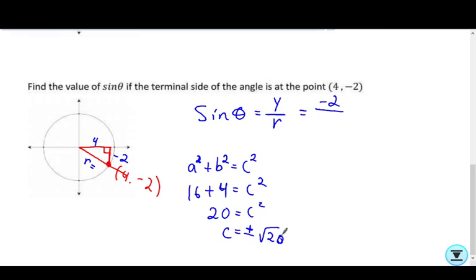Now again, we're dealing with the radius here, so the radius cannot be negative. So I get rid of my negative, so r is the square root of 20. That means that sine is -2 over the square root of 20. And that's our answer. We could rationalize the denominator and do all that stuff, but we're just trying to find the trig ratios right now. And that's it.